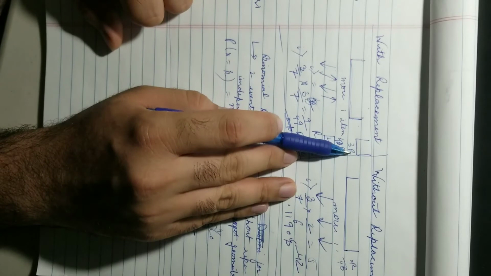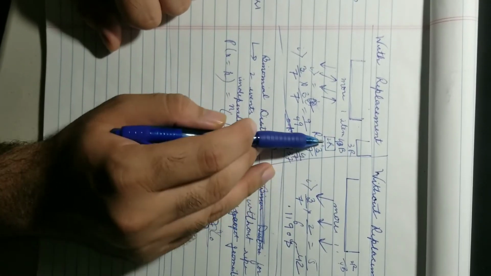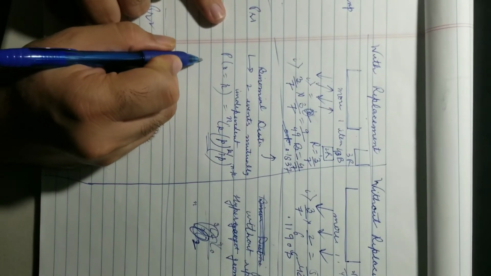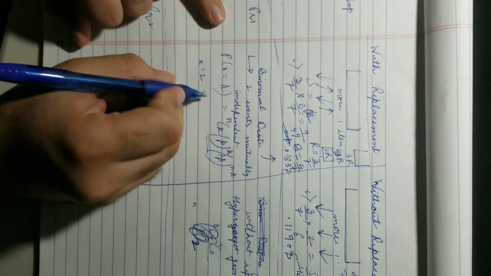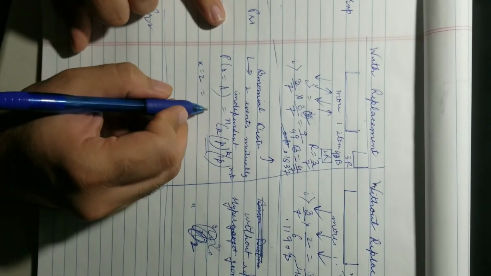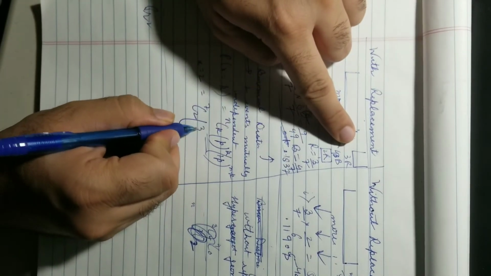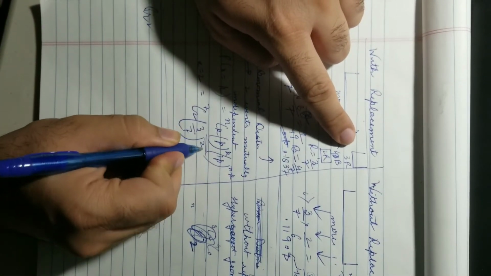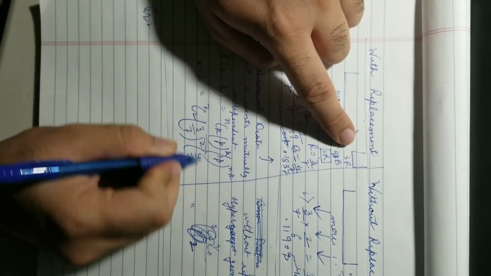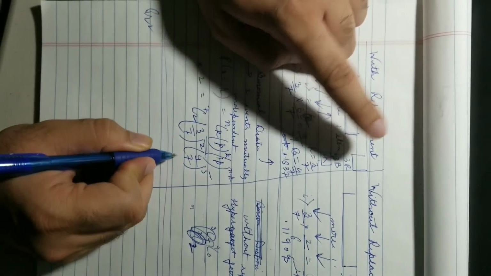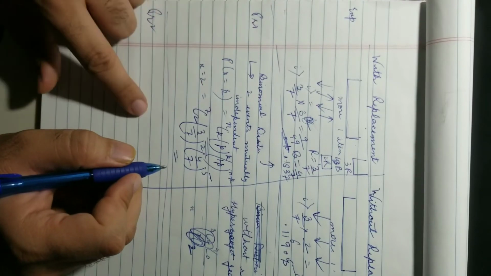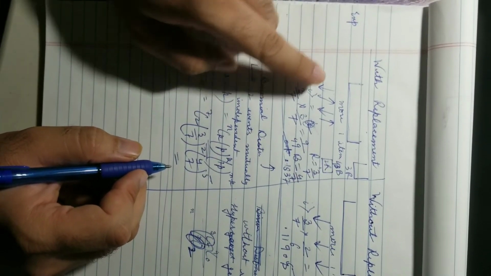In case of with replacement, 3 red balls, 4 blue balls, and we have to extract 2 red balls, it would be x equals NCK, which is 7C2, probability of extracting a red ball (3/7) squared over (4/7) raised to the power 5. This was the binomial distribution of this event.